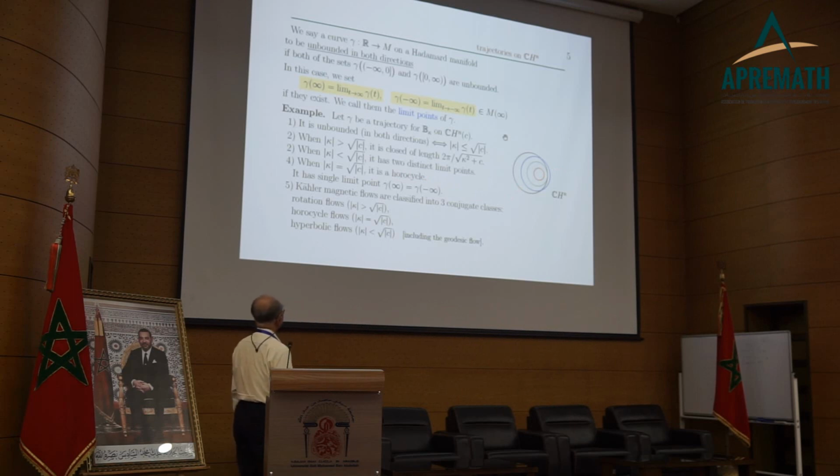And corresponding to this, Kähler magnetic flows are classified into three conjugacy classes: like geodesic flow, horocycle flow, and rotation flow.